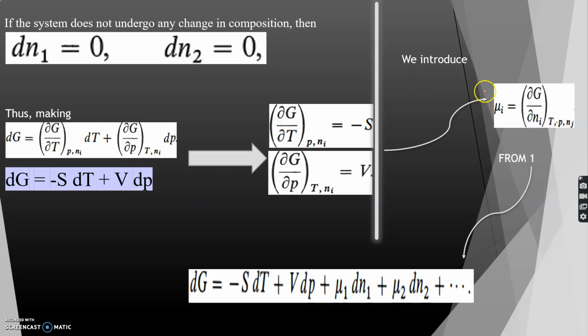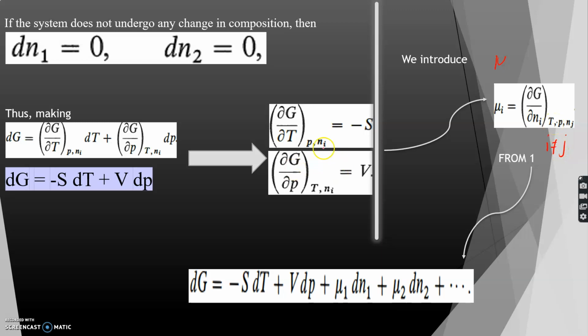Now we introduce a term mu such that it is equal to the change in Gibbs free energy with respect to change in composition. So del G by del Ni is equal to mu i at constant temperature, pressure and Nj, where i is not equal to j.